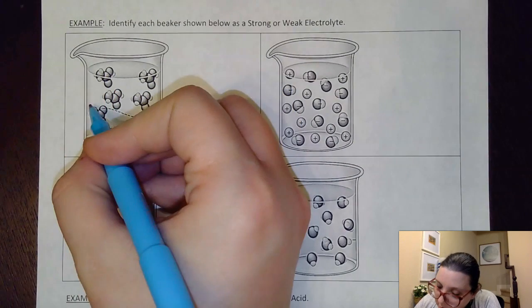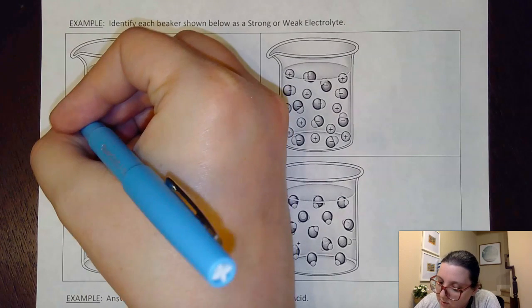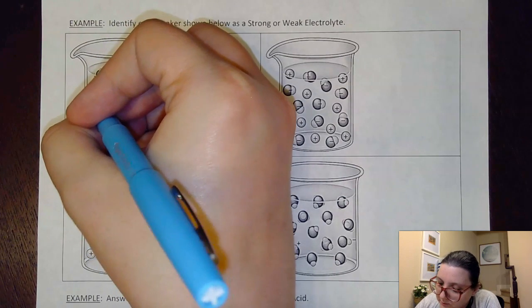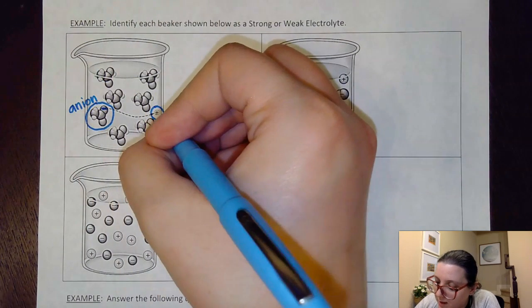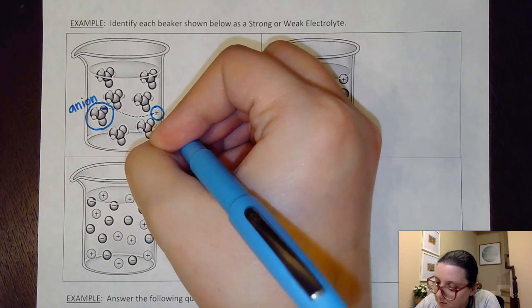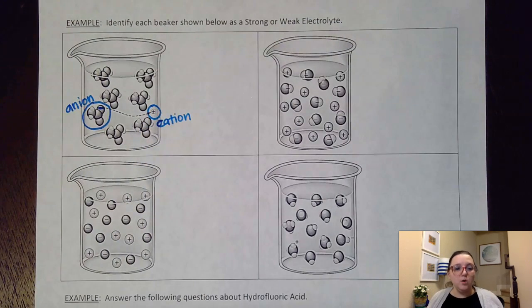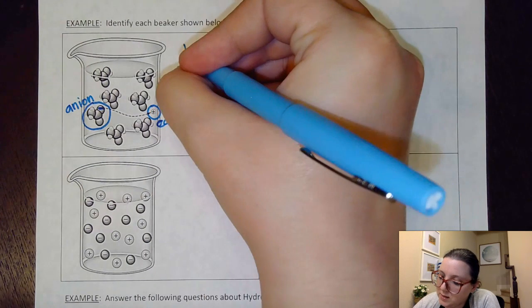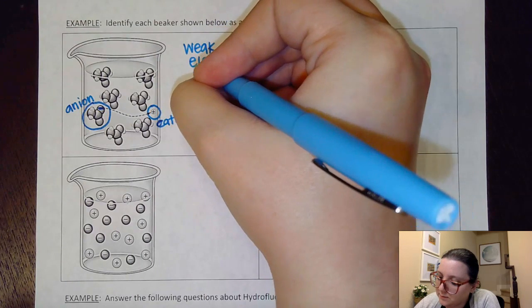However, this one has a negative charge, so I have an anion. And here I have a positive charge, so I have a cation. Those are the only two ions in that entire beaker. So this would be a weak electrolyte.